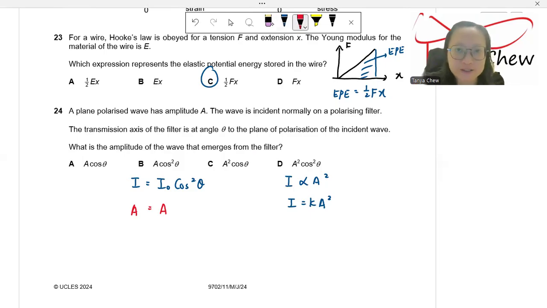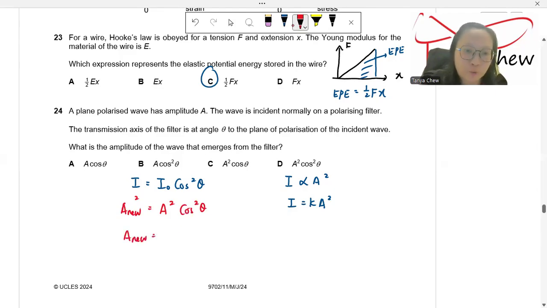Now I'll call this the new amplitude, A new squared. This is A squared cos squared theta. To find the new amplitude, I take the square root of everything, A squared cos squared theta, and I get A cos theta, which is A.